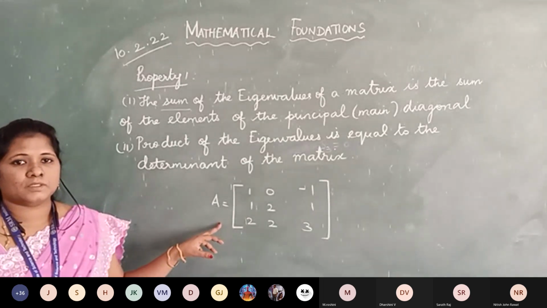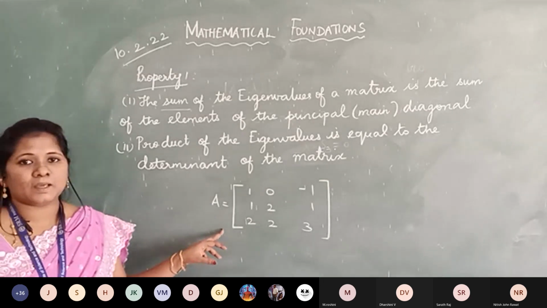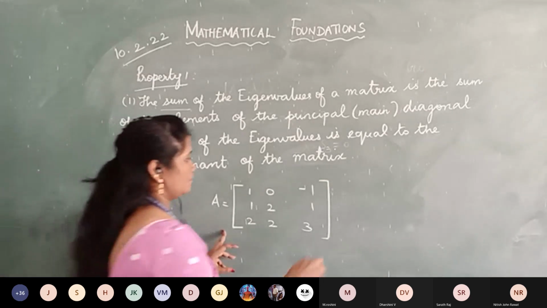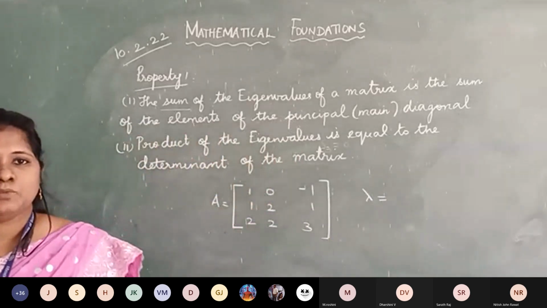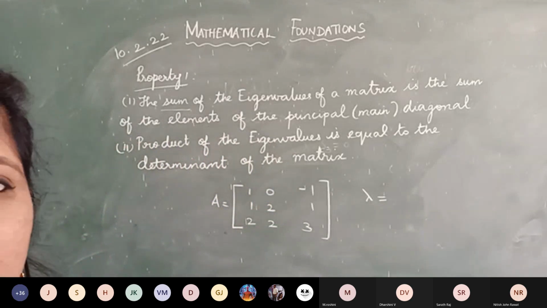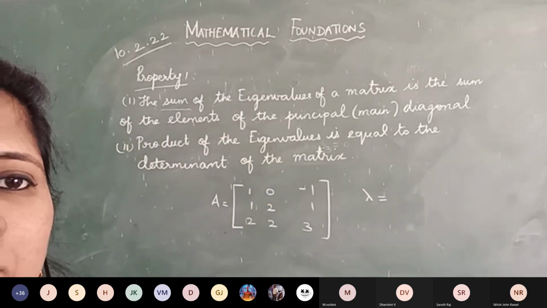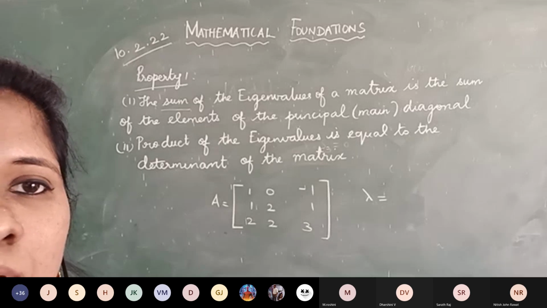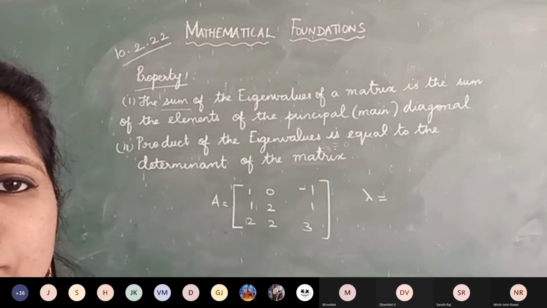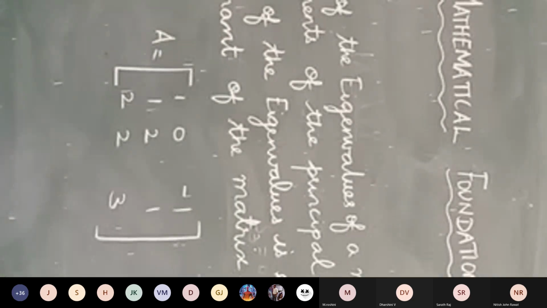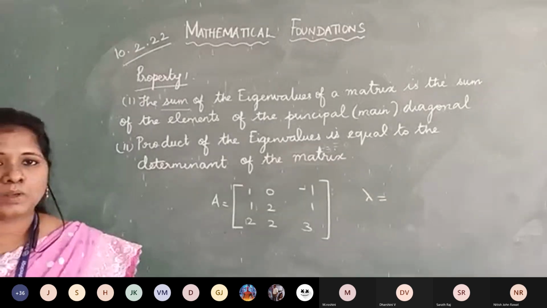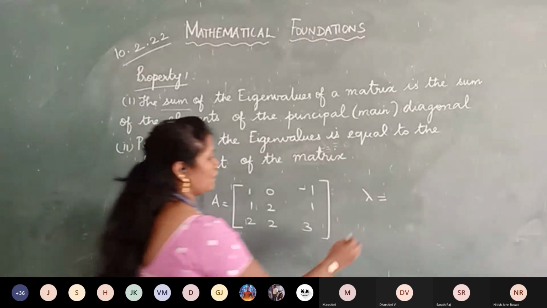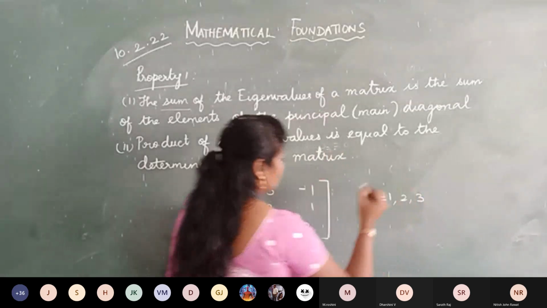See your notebook and tell me, for the given matrix, what were your lambda values? So you had got 1, 2, and 3, isn't it?